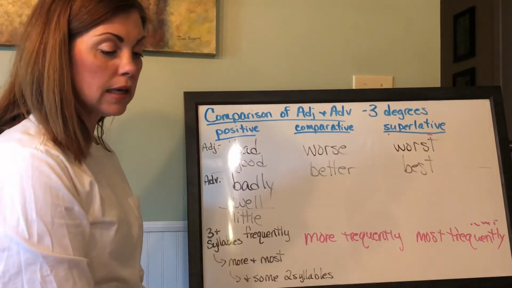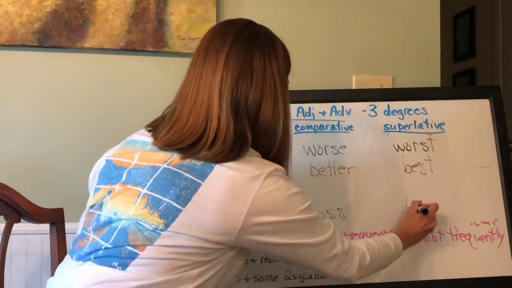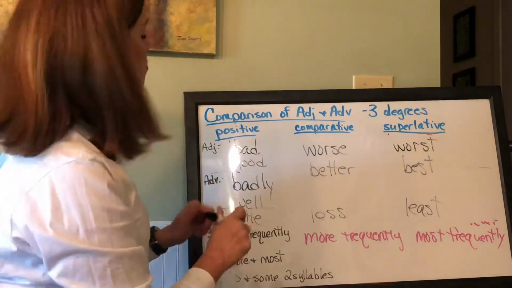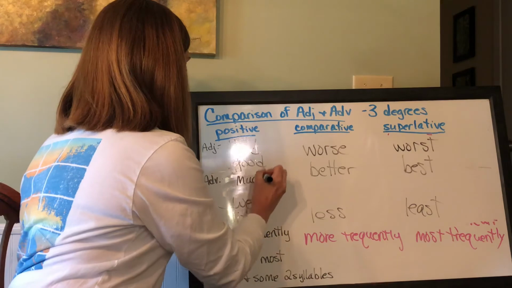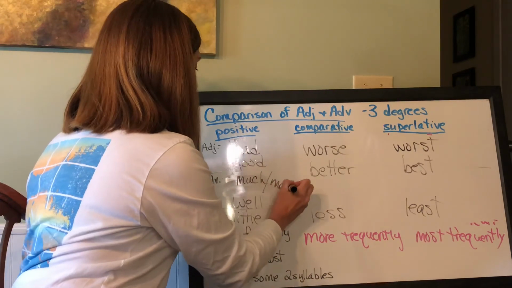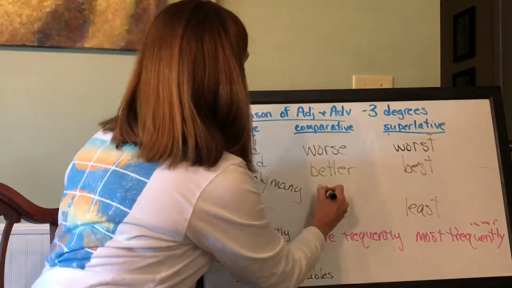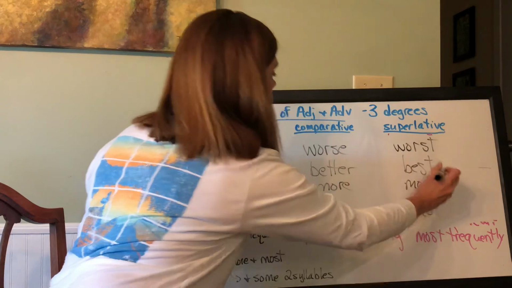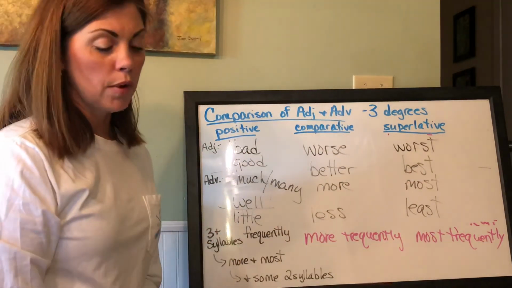Okay, so that would be less and least. And I'm running out of room, but the last one would be much and many. I'll just erase that one. Much and many. This is adjective, adverb. Much and many, and you would have more and most. So those are some that you might see that you think, wait a minute, I'm not sure about that one. So those are also irregular.